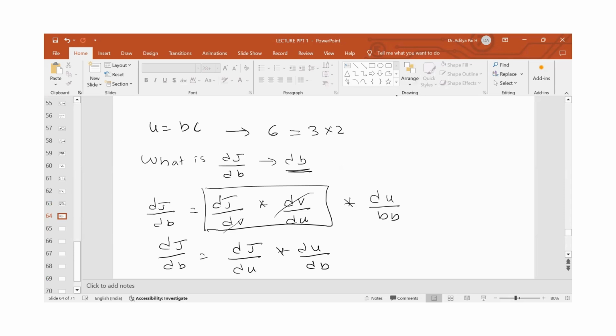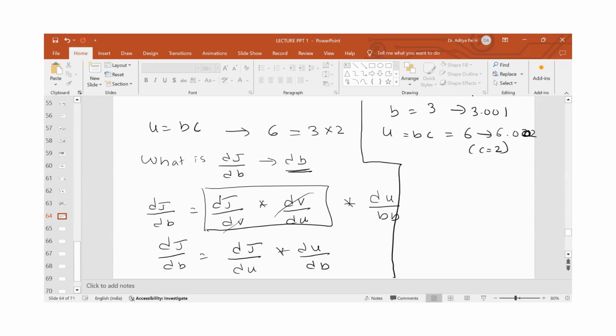Okay, so you can see that if b is equal to 3 and I change it to 3.001, and u is equal to bc, which is equal to 6, then u will become 6.002, because my c is equal to 2.